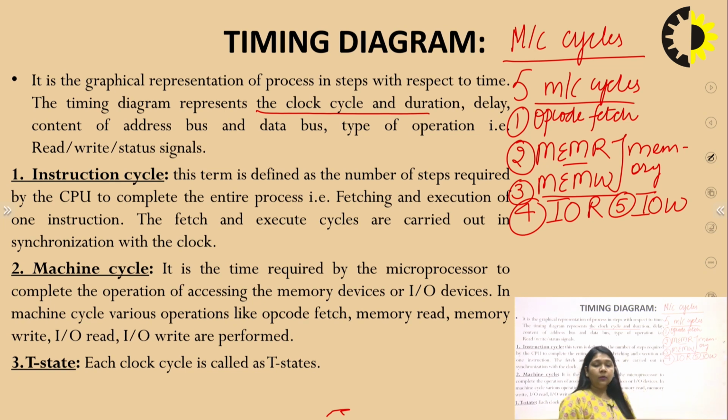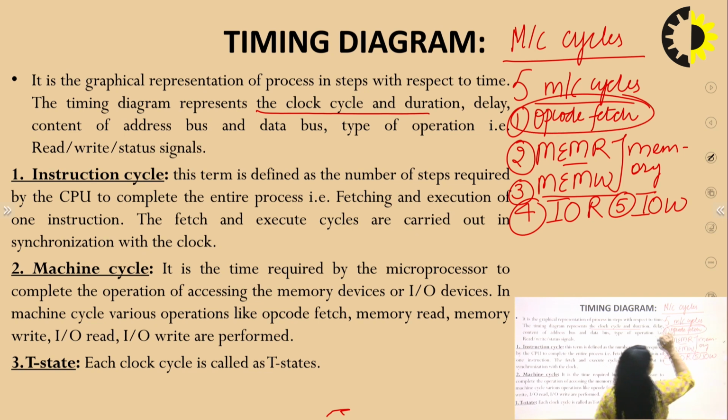The prime requirement for a machine cycle, or for an instruction to be read, the very first thing will be our opcode fetch. The microprocessor will be fetching the opcode.